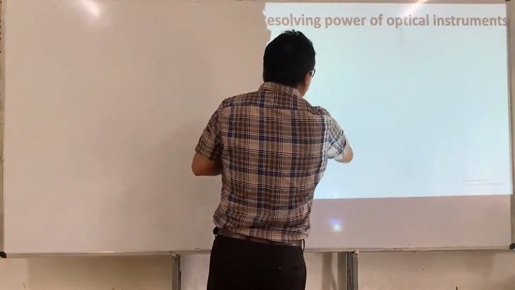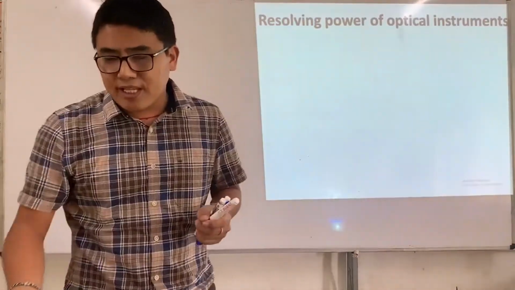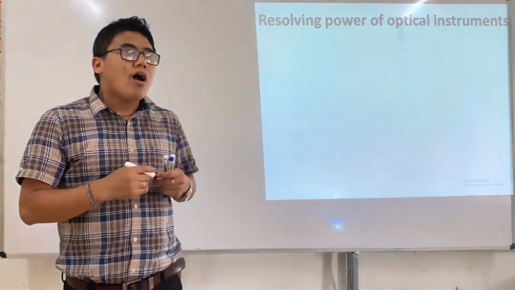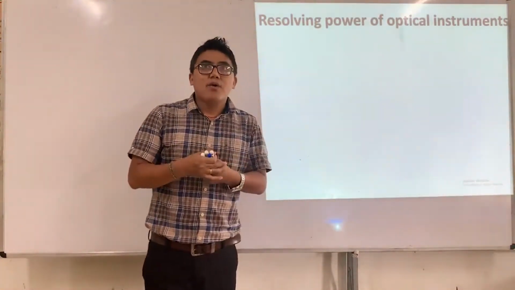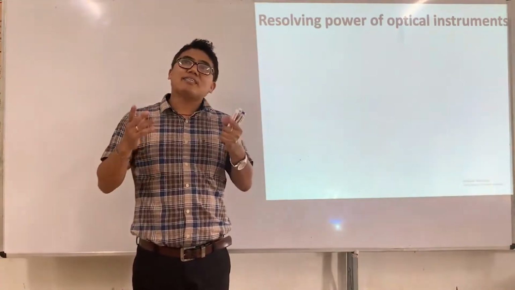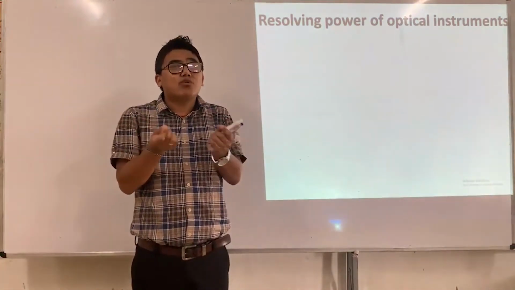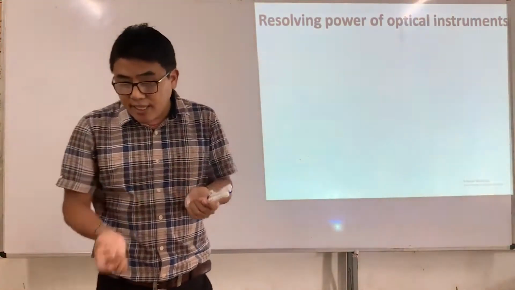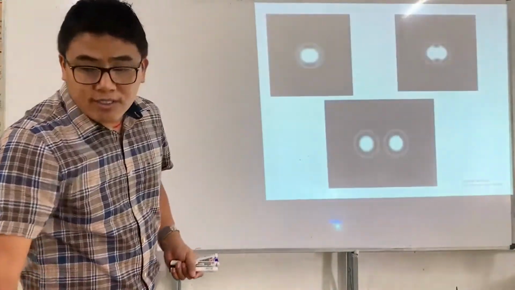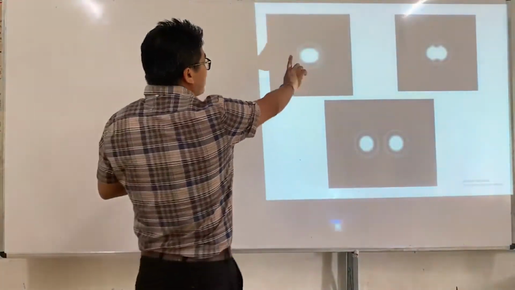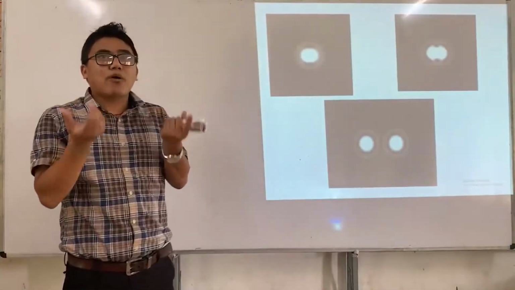Now we shall start with an example. You might have heard about something called binary stars. When we use our naked eye to see stars, we could not distinguish two stars. This is the star, but actually we have two stars.